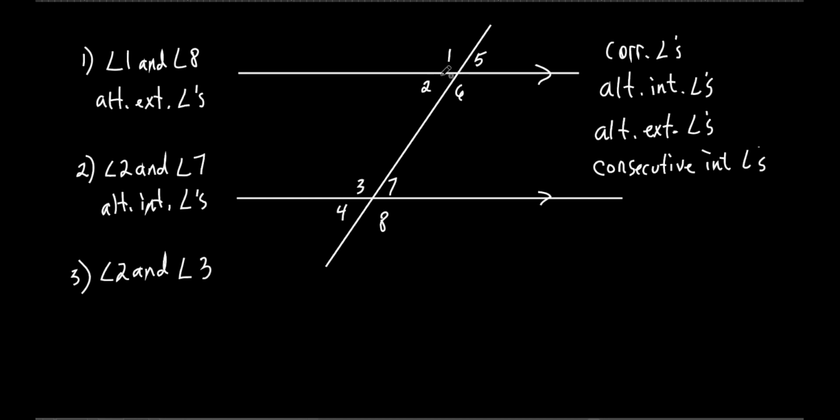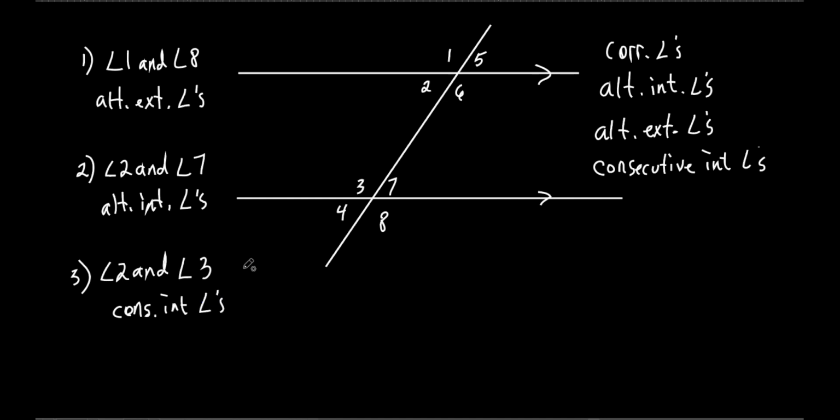I wish they would use same-side interior angles. That's what I used to teach out of a different book. But this book says consecutive interior angles. They're interior, in between the two lines, and they are called consecutive interior angles. So we write down consecutive interior angles.